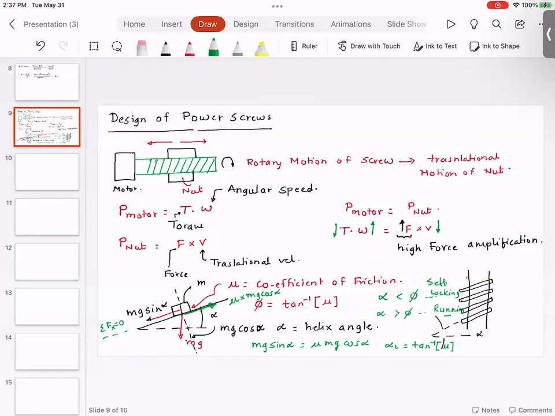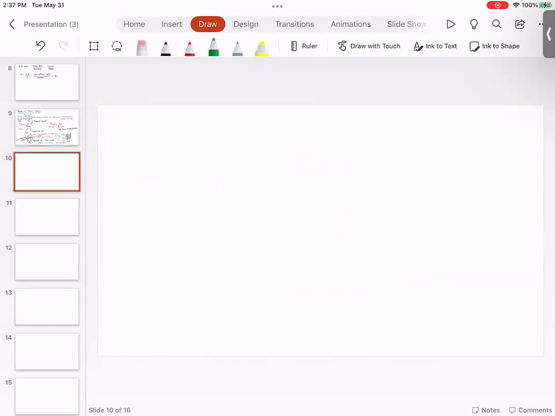If you remove the force, that nut would drop down. In certain cases, you would notice that even if you let the force go, the nut will be locked. And those kinds of mechanisms are used when you want some type of constant force resisting the load. So I'll give you an example.